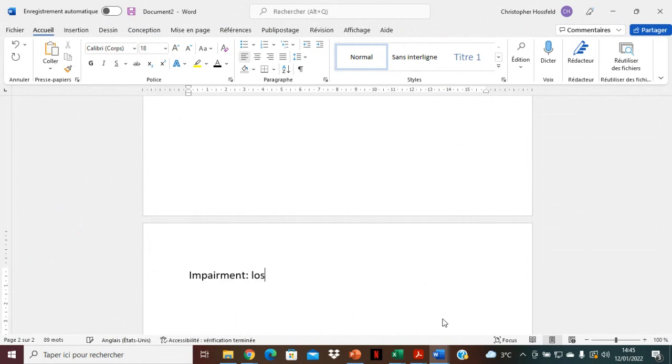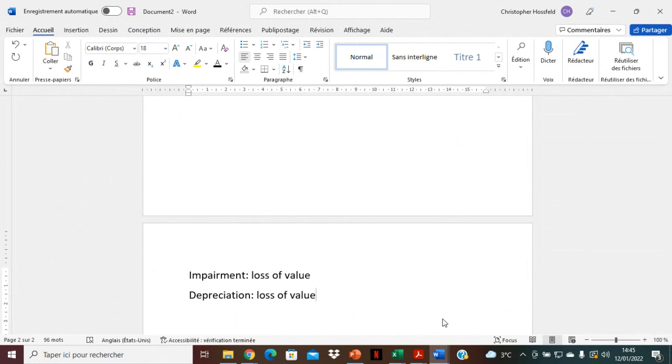An impairment is a loss of value. We already know other losses of value, for example, depreciation. Depreciation is also a loss of value. For depreciation, we lower the book value of our asset and we put a depreciation expense in the income statement.